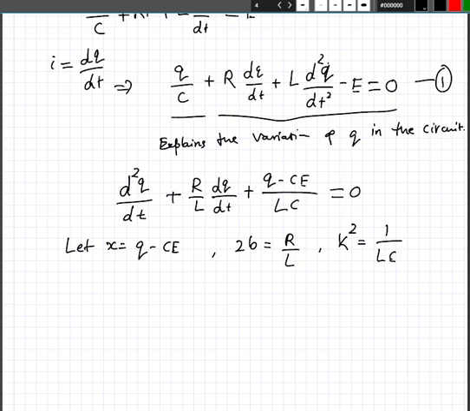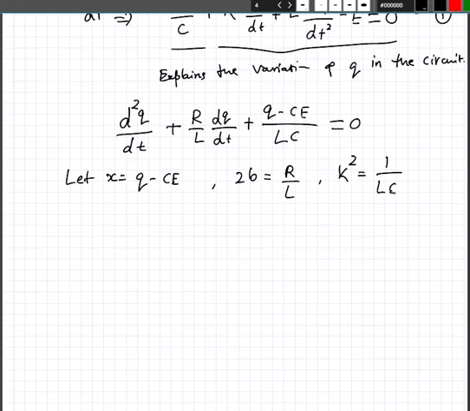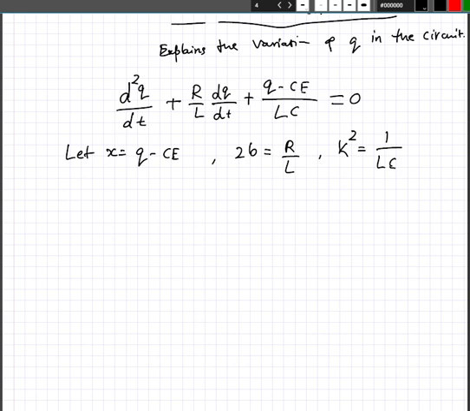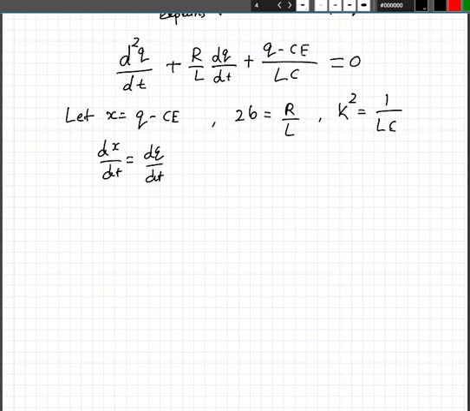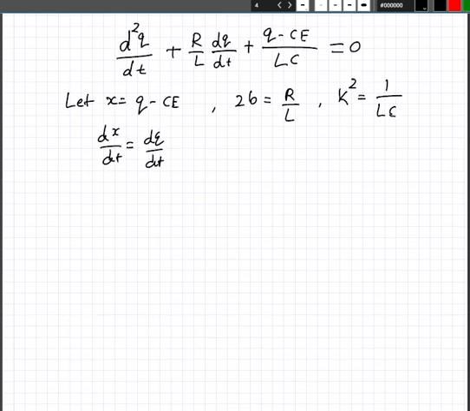I will tell you later why we use these substitutions. So therefore dx by dt is equal to dq by dt, and d square x by dt square is d square q by dt square. Now if you make these substitutions, what we obtain is d square x by dt square plus 2b dx by dt plus k square x is equal to 0.